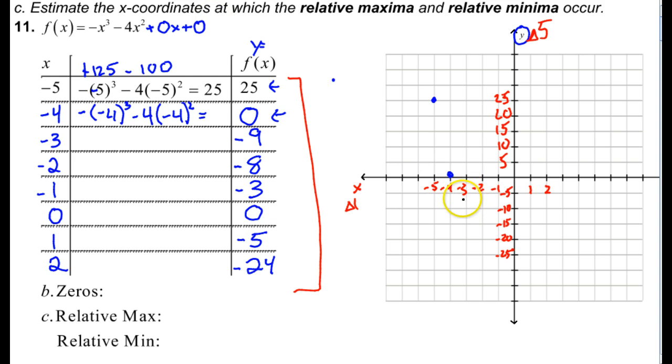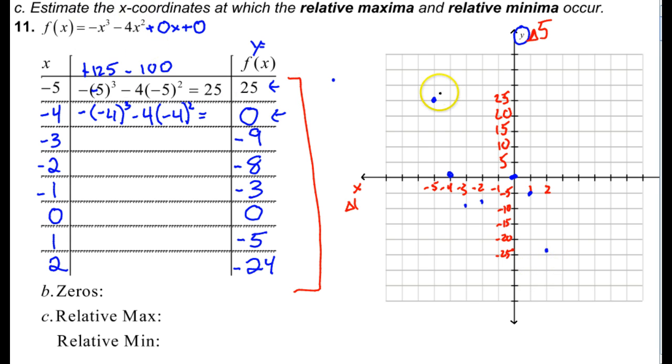So we got negative 3, negative 9 right about here. We have negative 2, negative 8. Alright. Pretty close to that. 0, 0. Origin. 1, negative 5. Goes back down. And 2, negative 24.